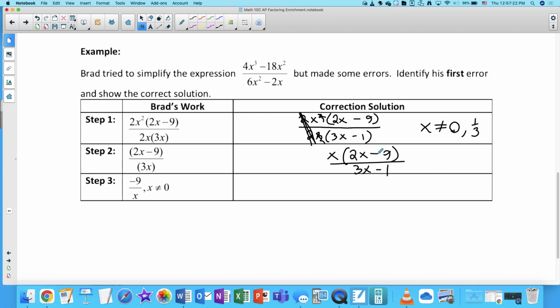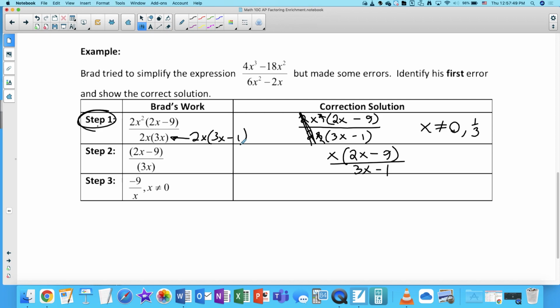And what I always tell people to do is compare this step to the one that came before it. If they are not equivalent, that's where the mistake is. So equality should hold through, right? So if I look at this, this is not equivalent to the original expression. So the mistake is here, right? And this should be 2x times 3x minus 1.